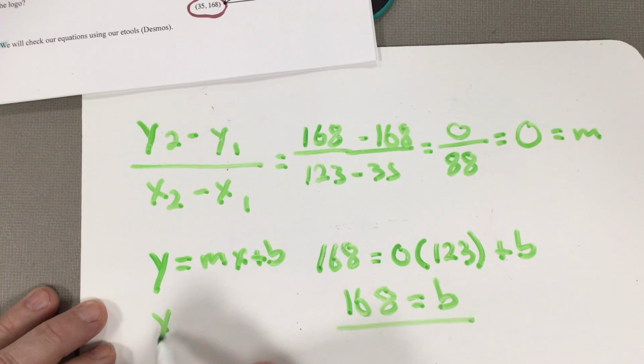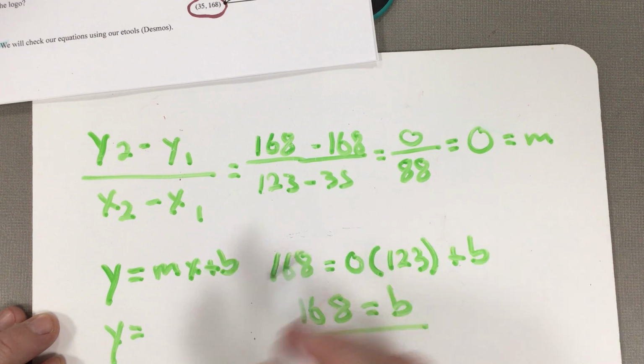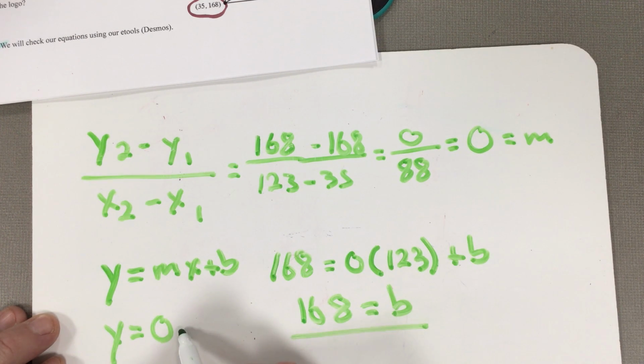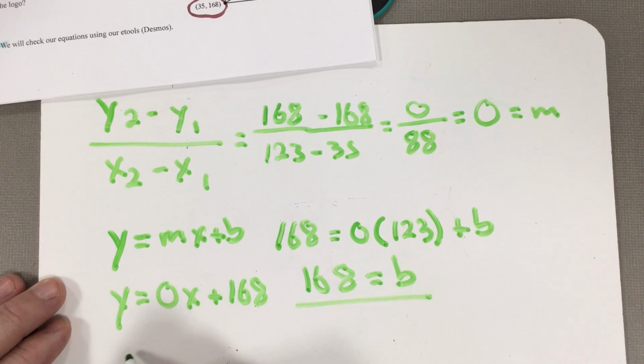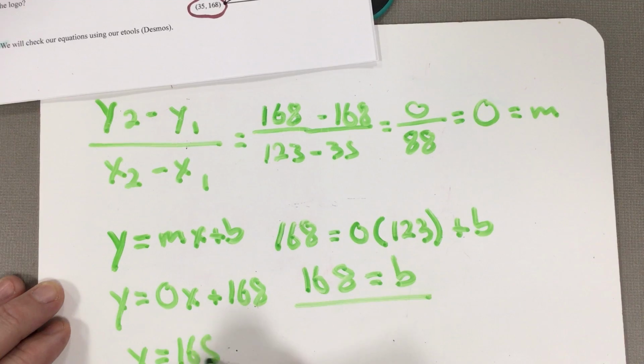So if I write this out, what is my slope? My slope is 0, x plus 168. Now I can rewrite this. If I have 0x, I can actually just get rid of that because there's 0 of them. Y equals 168.